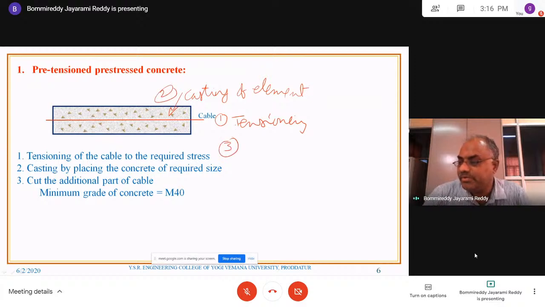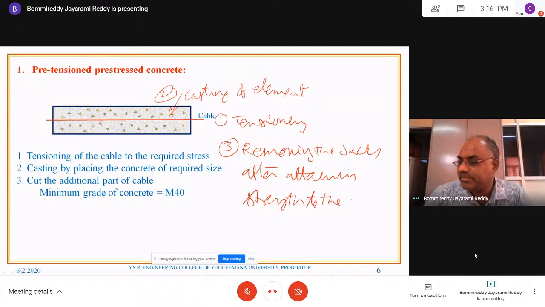The third step is removing the jacks after attaining the desired strength of the concrete. That's all. So these are the only three steps.